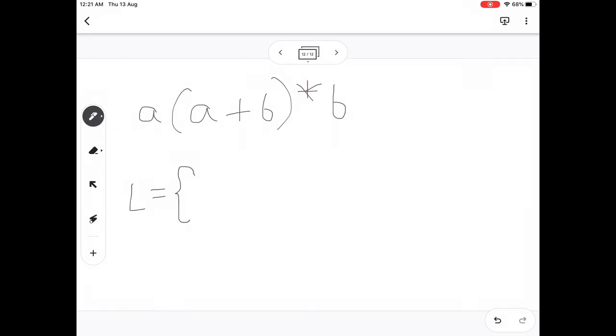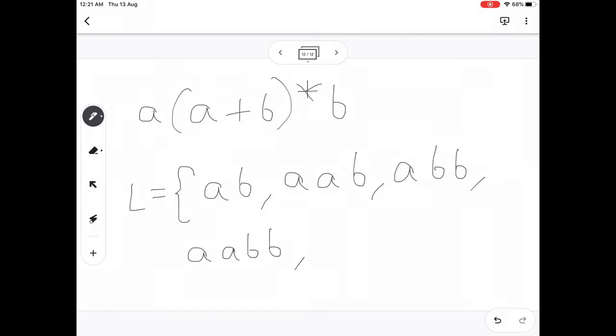It will contain AB. Then it can contain AAB, ABB, AABB, ABAB, and so on.